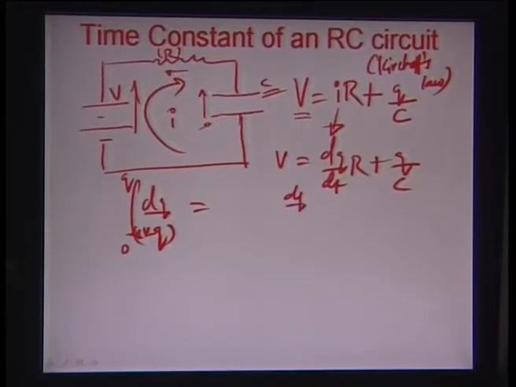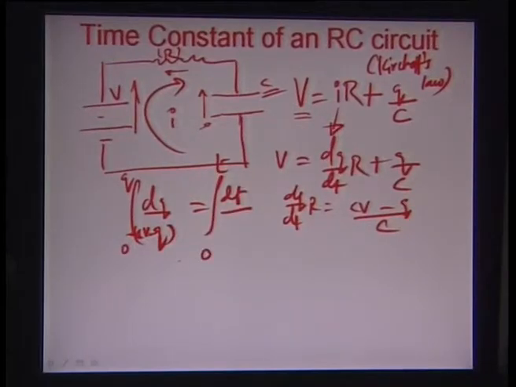So dq by dt times R is CV minus q by C. And this is equal to the integral of dt by RC, with t varying between 0 and T. T is the full time over which the charge of the capacitor grows from 0 to q.